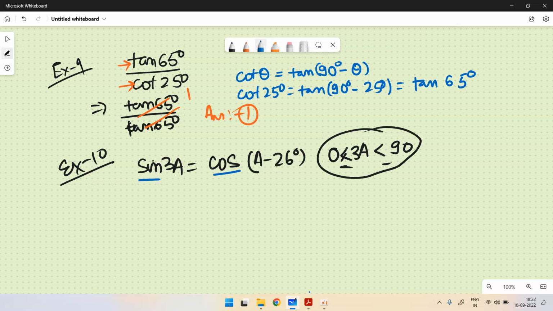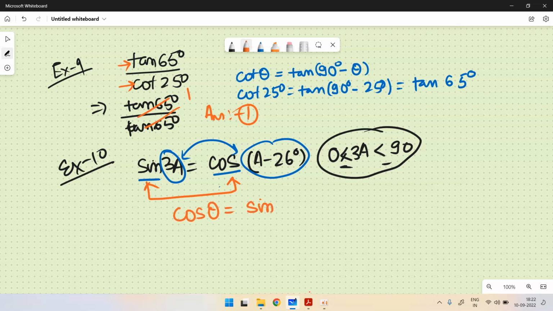To have an equation between these two, you need to have the two as the same ratio. The simpler one is sine, so I will convert cos into sine. You know that cos of theta is sine of 90 degree minus theta, which is a property.